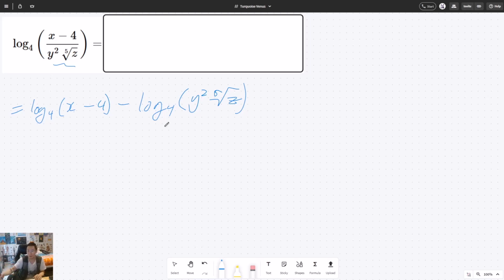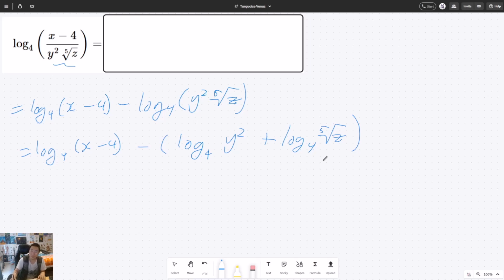Log base 4 is the common base. So we have log base 4 of x minus 4 remains the same, and then brackets, because we have the minus outside: log base 4 of y squared plus log base 4 of root 5z, and that's what we have.